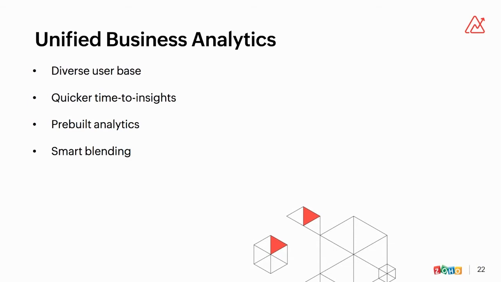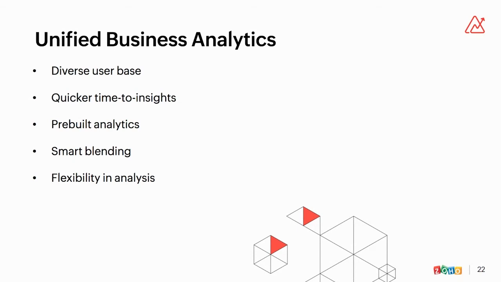I'm going to show you another example for this as well. Now, with pre-built analytics and also smart blending, unified business analytics enables business users to build their own reports and dashboards. So, for an enterprise business, it's about customizing enterprise data models to work with your existing data models.